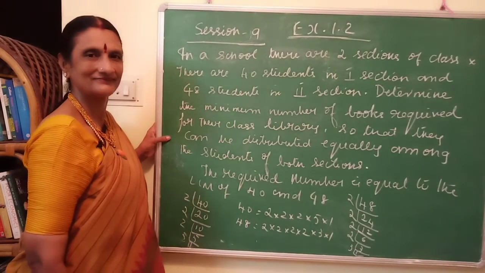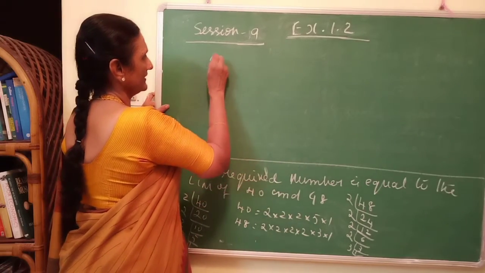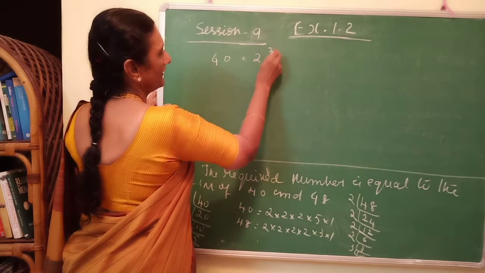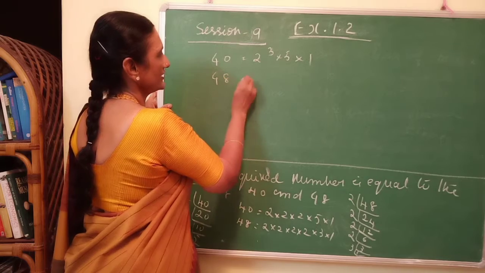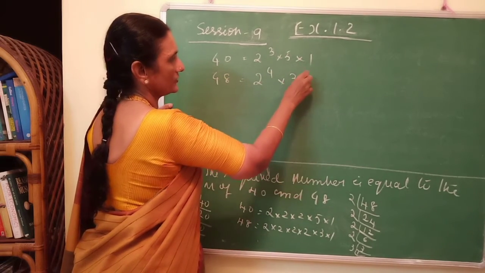Correct? Rewrite this once again. 40 is equal to 2 power of 3 into 5 into 1. 48, you tell me in powers: 2 power 4 into 3 into 1.